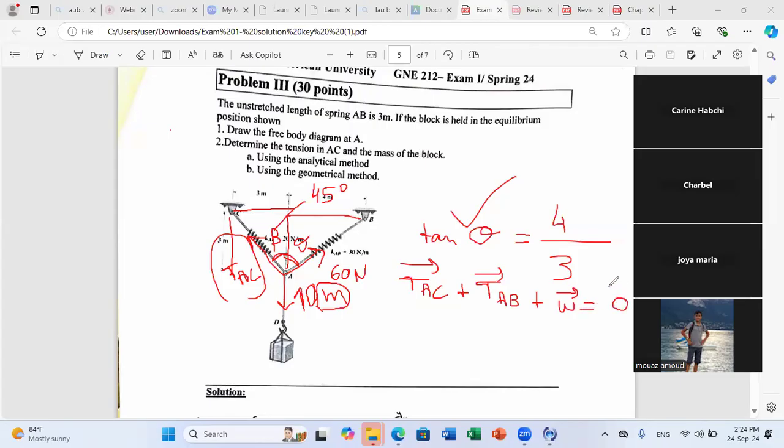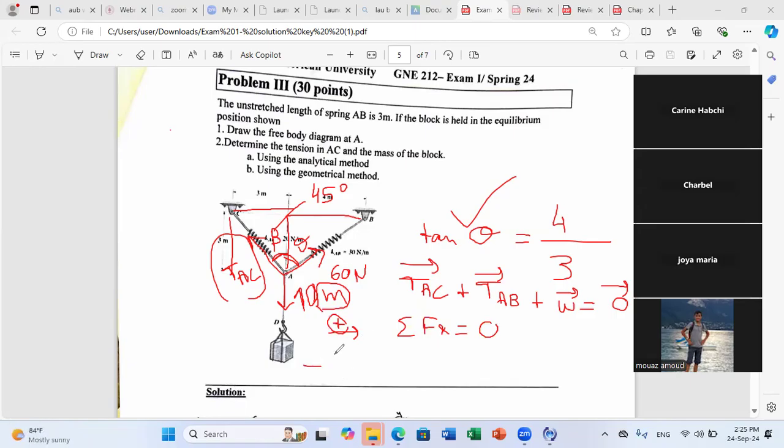Now I will project. If I project on X, what do I get? I will project on X, sum of X equal to 0. According to the figure, TAC projection on X is negative.